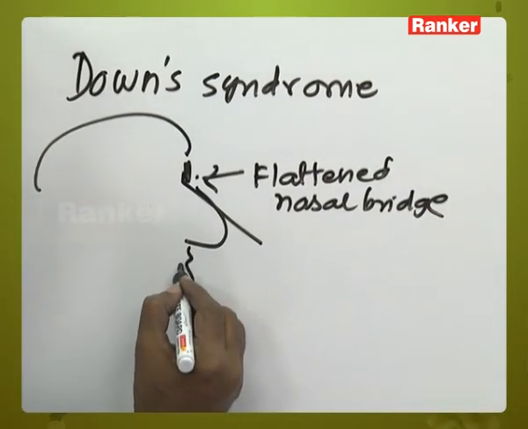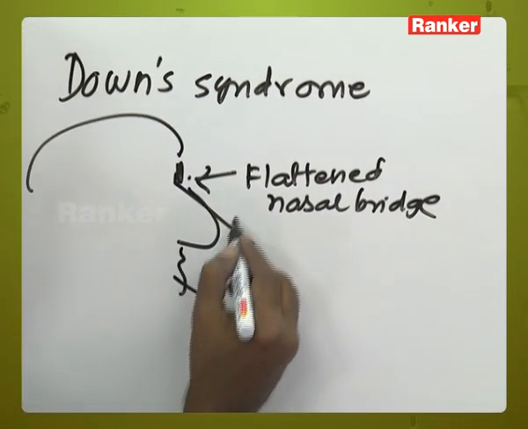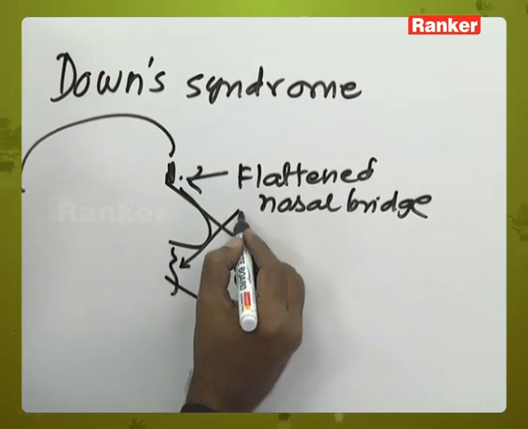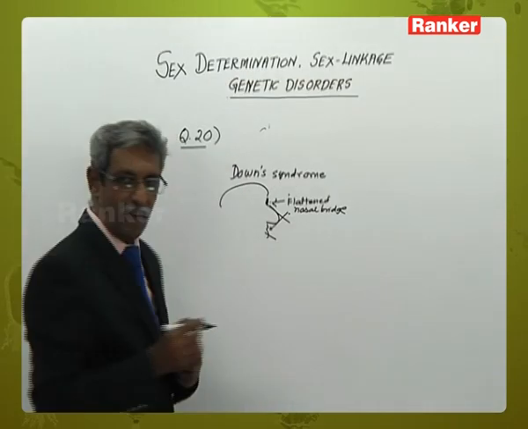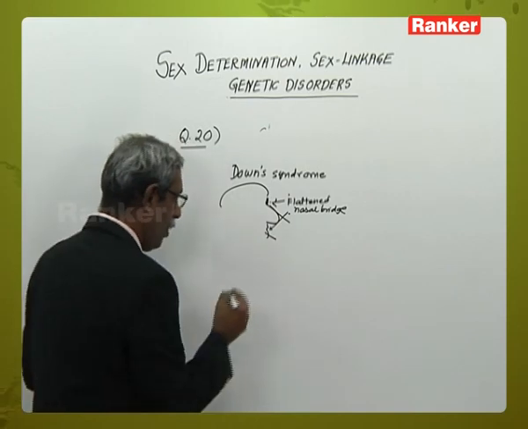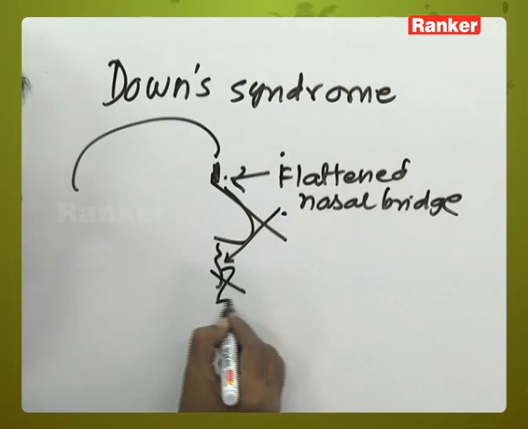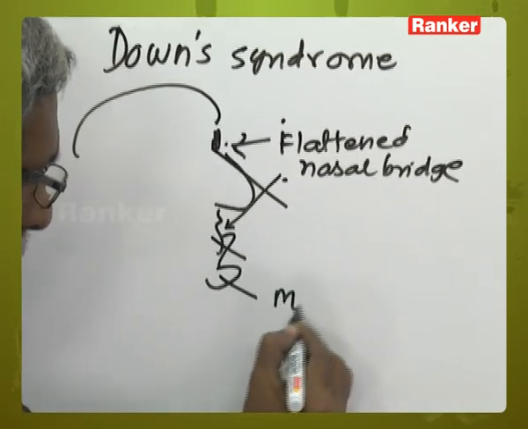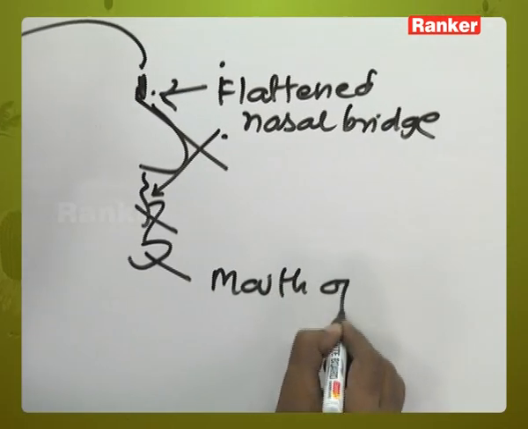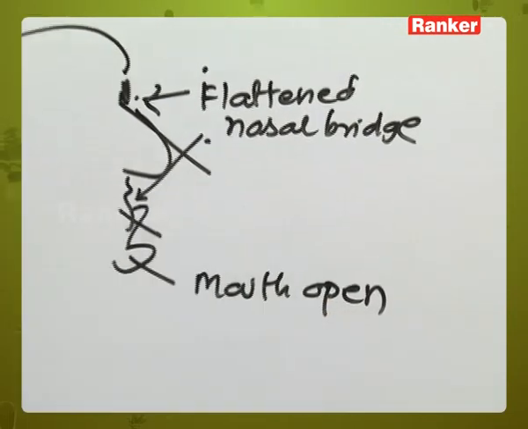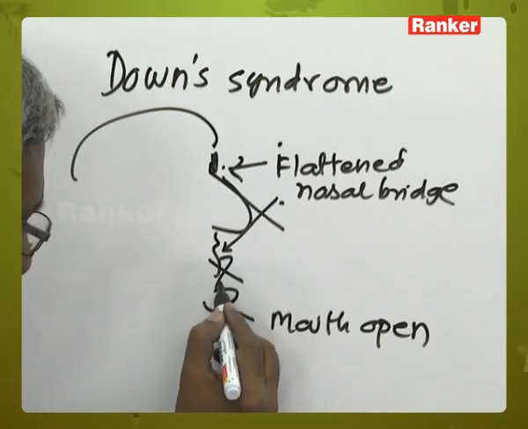And same is the case between the mouth. Supposing we have the mouth over here, even over here it is flattened. So they have a flattened nasal bridge and always an open mouth. The mouth is open. And we have a protruding tongue.